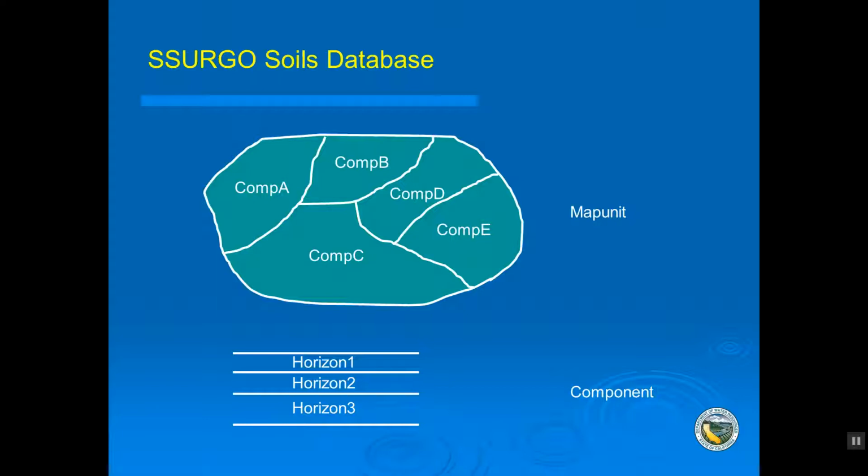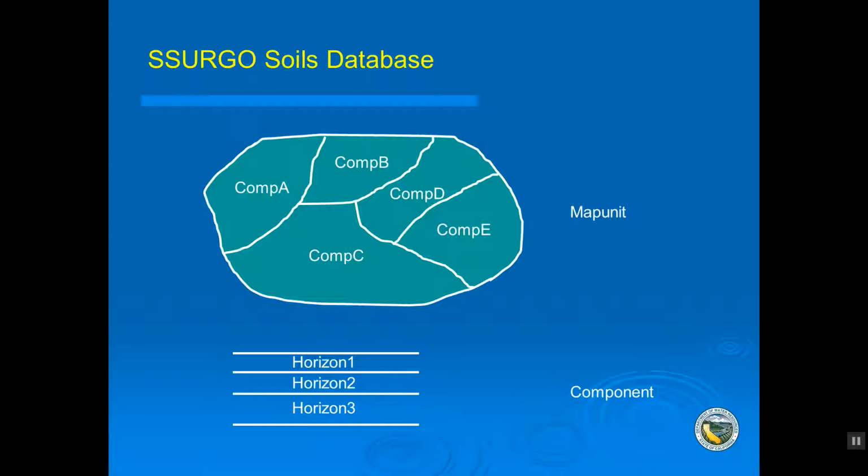When you read their database structure, what you realize is that each of these map units, which again can be thousands of them in a single county, are divided into what they call components. The components have some data attached to them, but generally not the data that we are after, at least for IWFM.